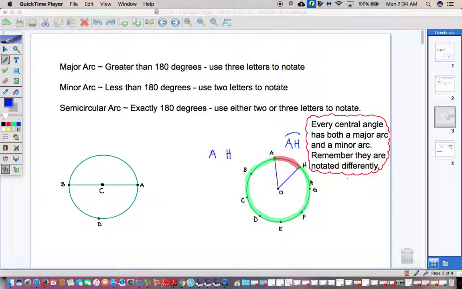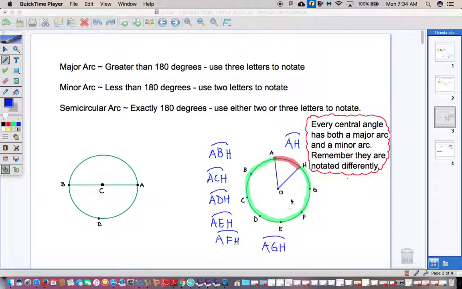So this arc here could be arc ABH because we're starting at A, we're going through B before we get to H. You could say it's arc ACH, arc ADH, arc AEH, arc AFH, arc AGH.